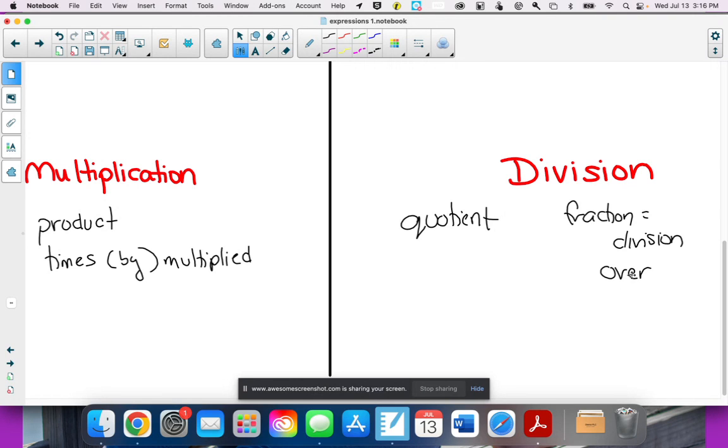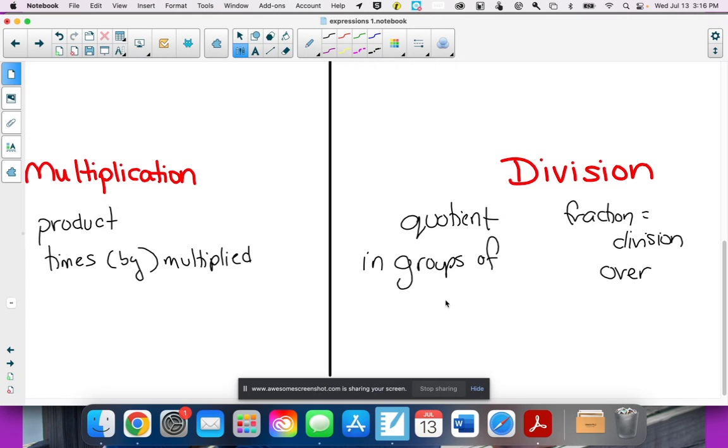But I have seen people use the word over, or they'll read something like that as over. And again, it basically means that you are dividing. Quotient, fraction. I have seen people say in groups of, because that means you're dividing by that specific number.